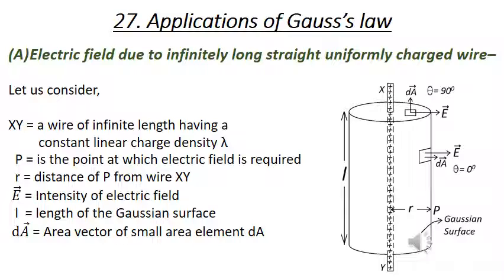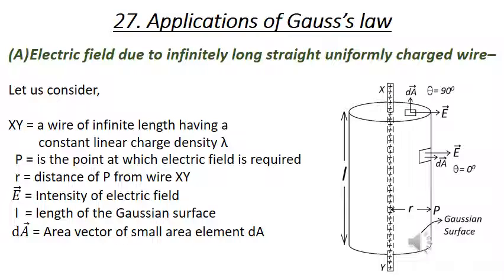Now, to find the electric field intensity at a point near the wire, let us consider a wire XY of infinite length having a linear charge density lambda, and P is the point of observation at which we are going to find the electric field intensity, at a distance r from the wire.